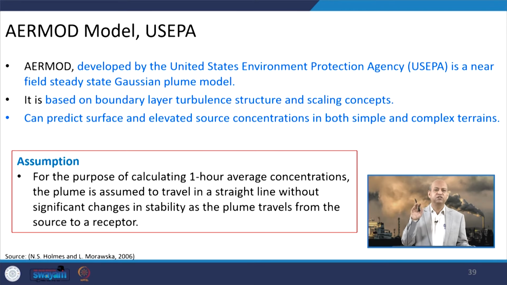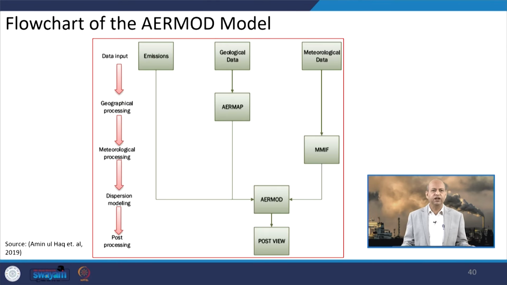So, that is a very simple assumption which may not hold true in real life, but as I said, these kinds of models use these assumptions, otherwise it is difficult to incorporate all those very complex mechanisms which are there in the atmosphere.